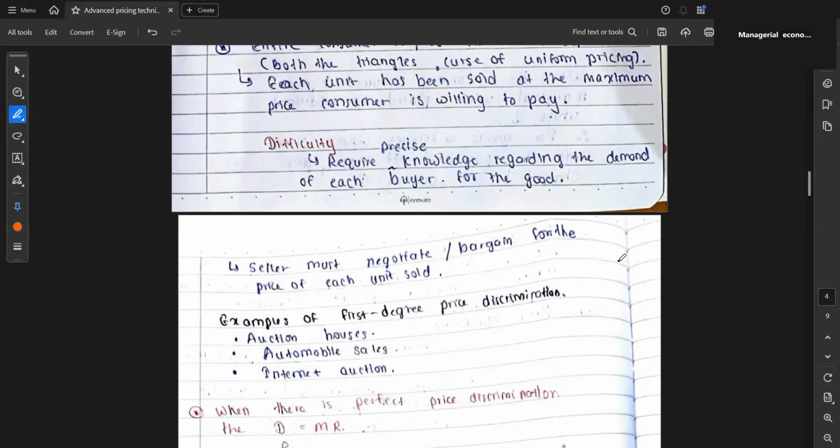The examples for first degree price discrimination are auction houses, automobile sales, internet auctions. If you have seen auction houses, they are bidding for the maximum price.